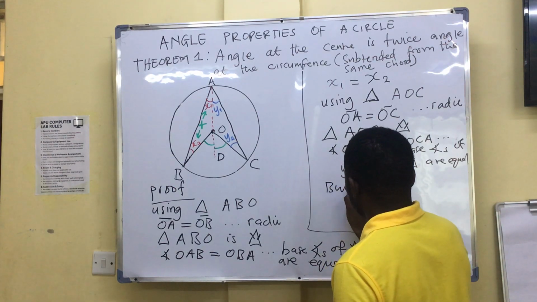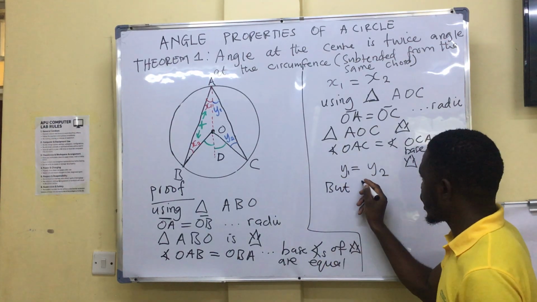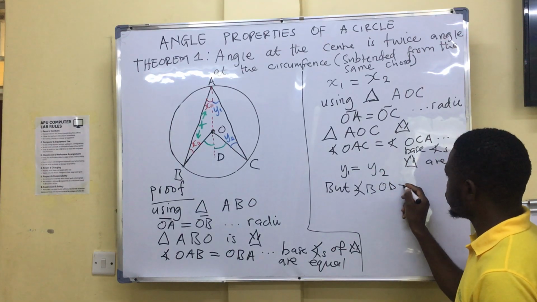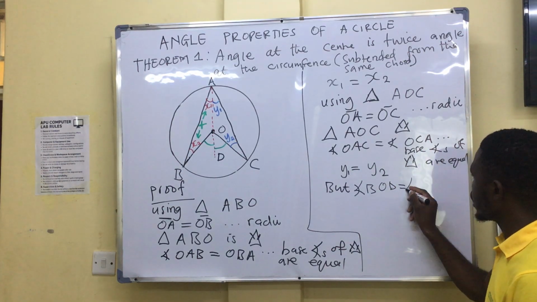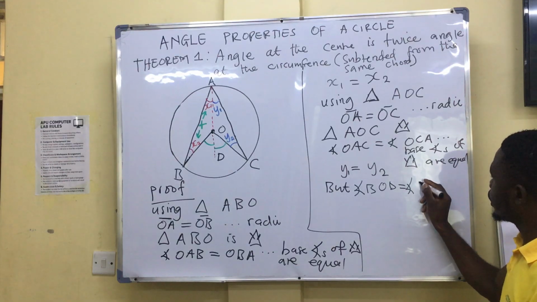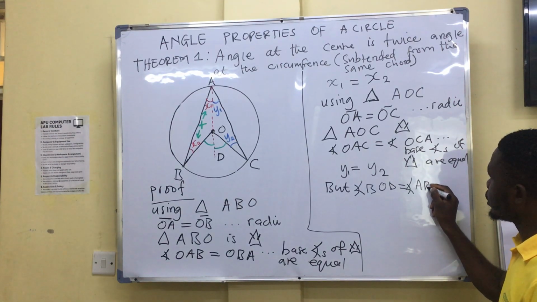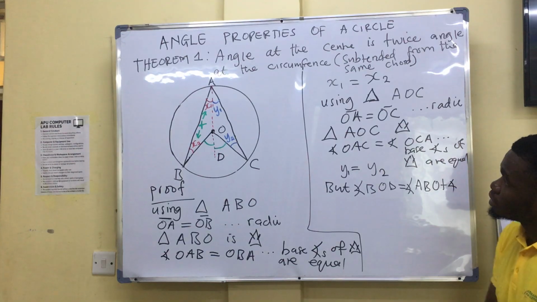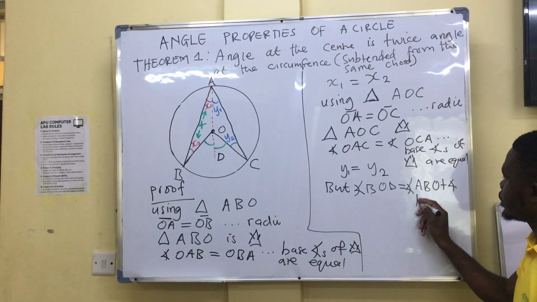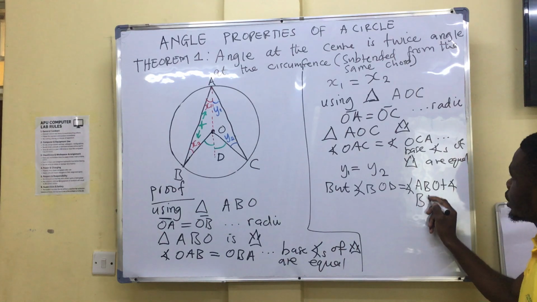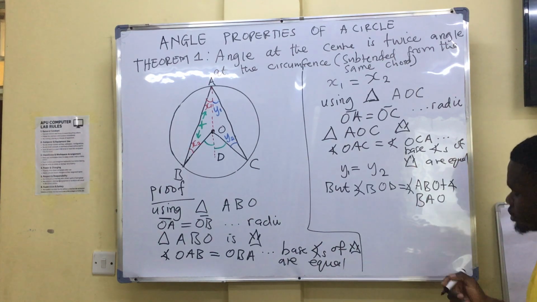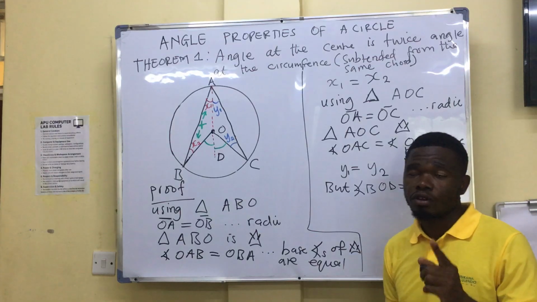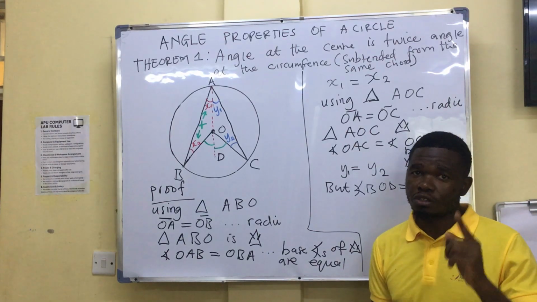But angle BOD is equal to what? Angle ABO plus angle what? Plus angle BAO. Reason: an exterior angle of a triangle is equal to the sum of the two opposite interior angles.